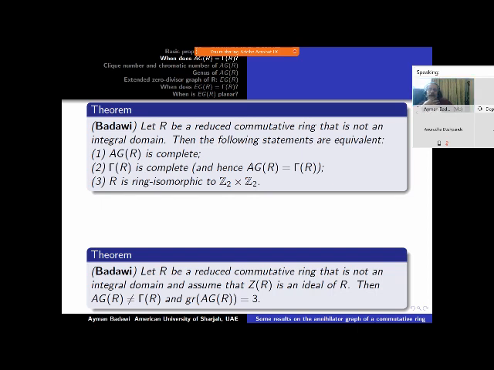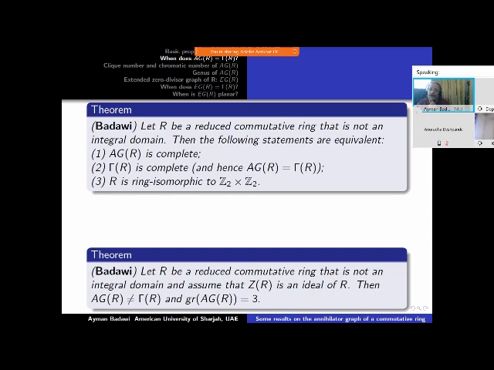Now, if you take a reduced commutative ring and you assume the zero divisor set of R is an ideal of R. So the ring is reduced, and more than that, the zero divisor set of R is an ideal. Well, then I know quickly that the two graphs are different.